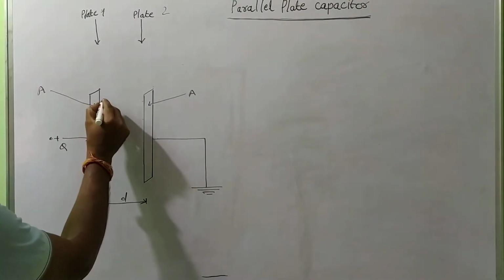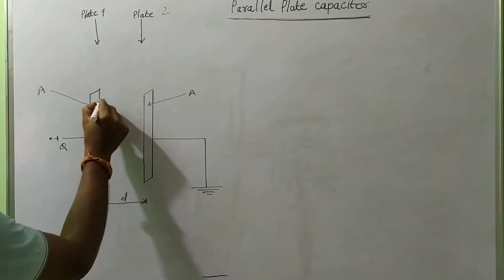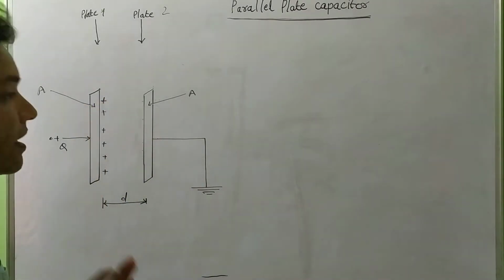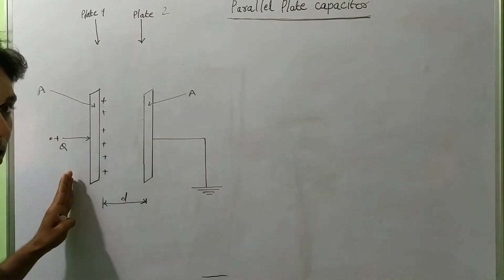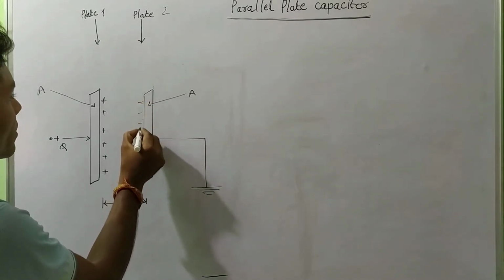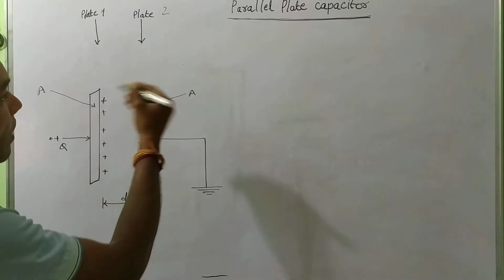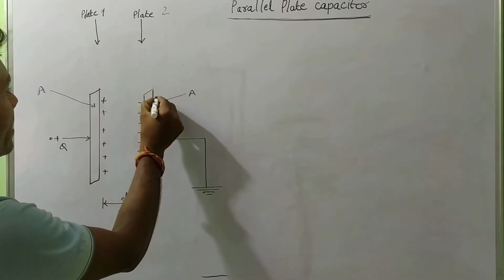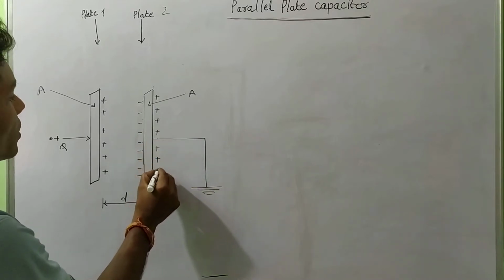Because the second plate is very close to the first plate, by induction negative charge will be induced here, and on the outer surface of the second plate plus q charge will be induced.